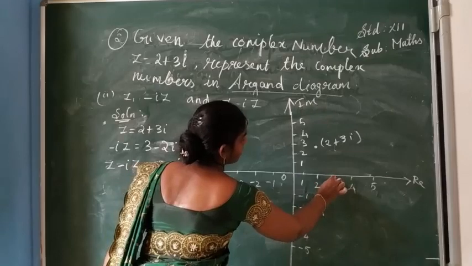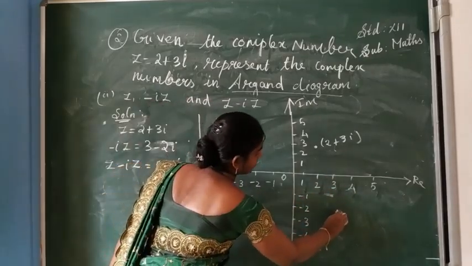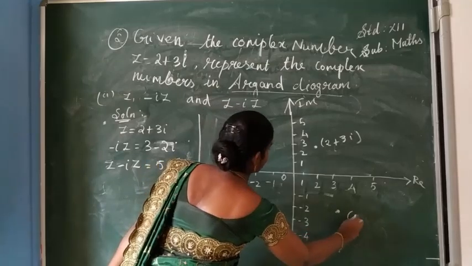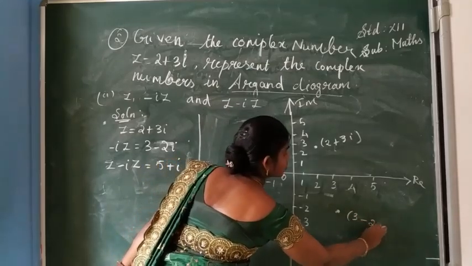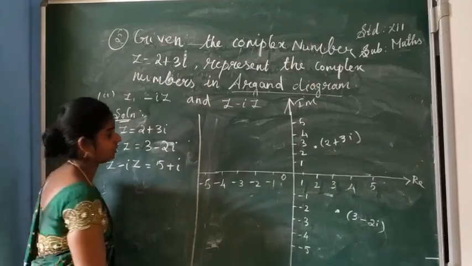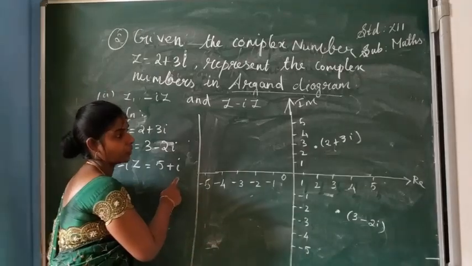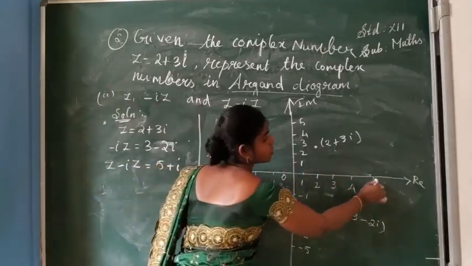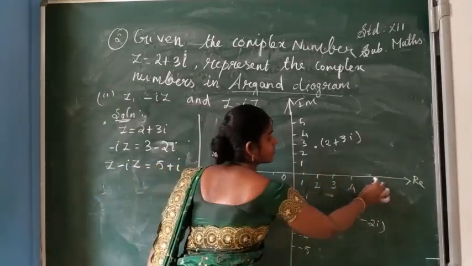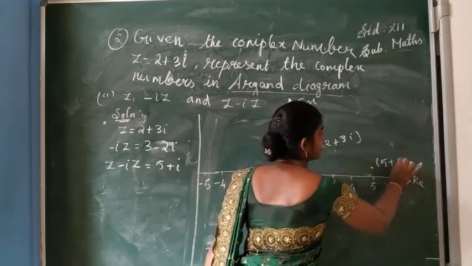So 3 here, minus 2 value is here. So 3 minus 2i. Next 5 plus i. 5 value is in the real part and 1 value in the imaginary part. So 5 and 1 is here. So 5 plus i.